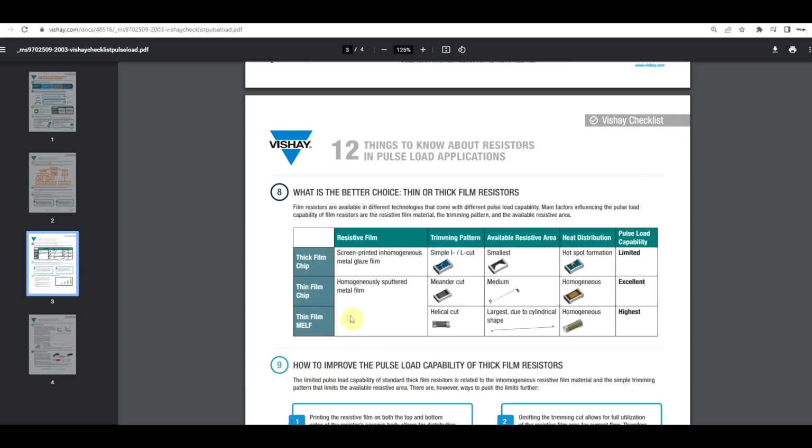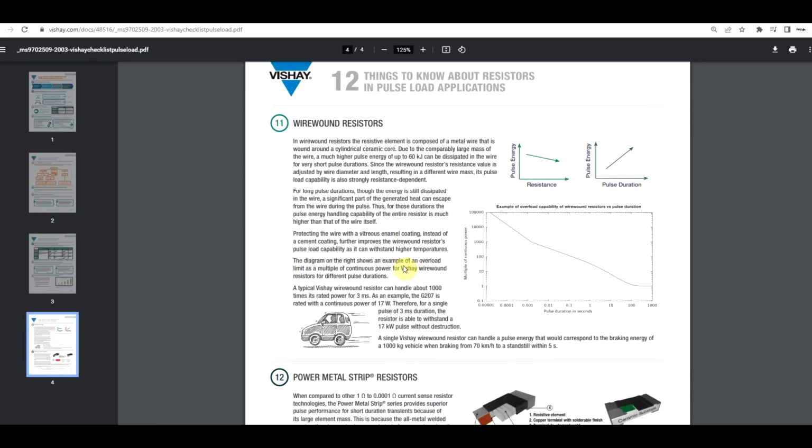Your SMD thick film resistors are the least suited, whereas a thin film resistor is better suited. Main reason being the way in which the resistive material is printed, so just how homogeneous it is. And if you want something even better, you have your wire wound resistors, which are made from a solid piece of wire. So this sort of component will have far better peak power handling capabilities.